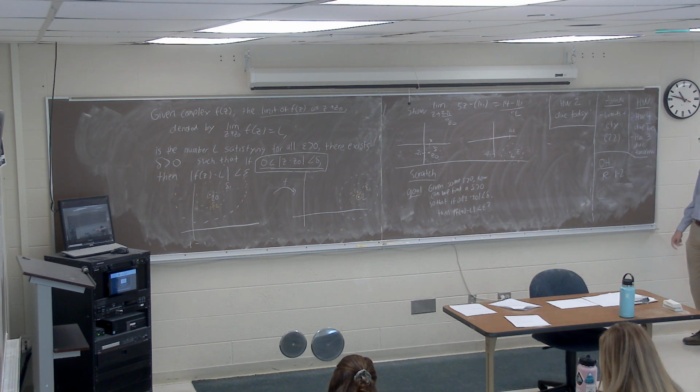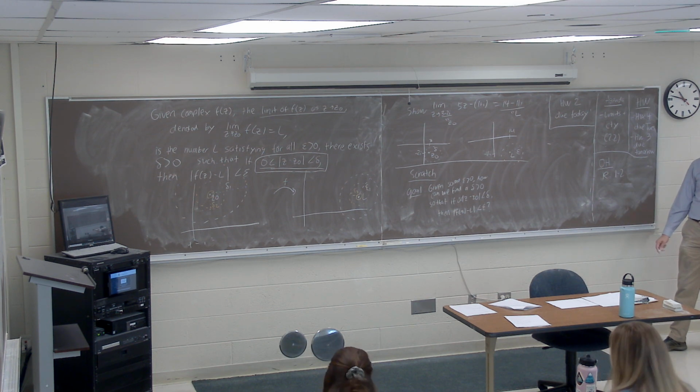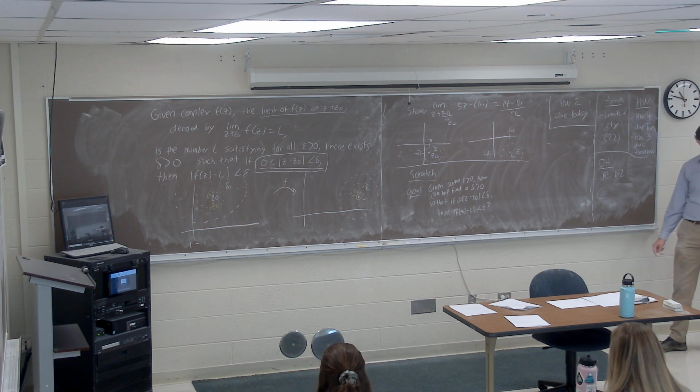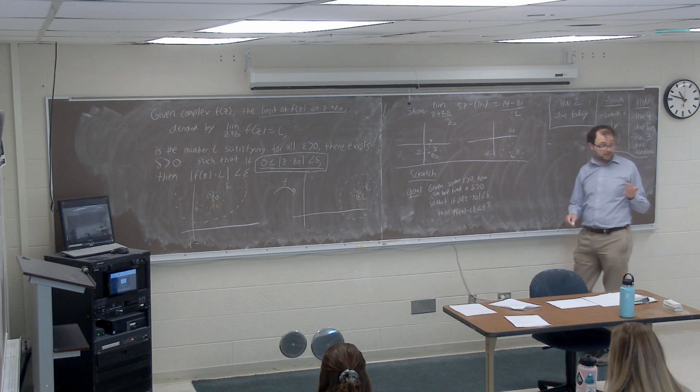And we need to do some scratch work to kind of determine that. In other words, if I gave you an arbitrary epsilon, how can you pick a delta in terms of that epsilon that'll get the job done, that'll work, so to speak?